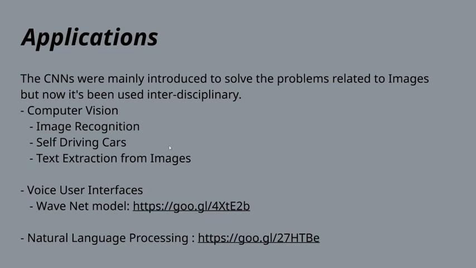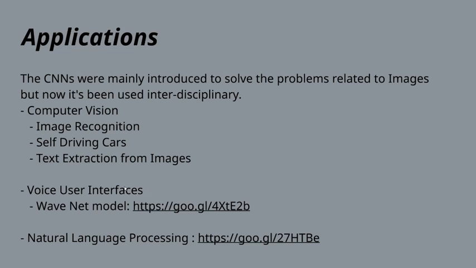Self-driving cars detect the cars that are moving along with them on the road. That uses convolutional neural networks. Face recognition, Apple's phones use face recognition. That is also based on convolutional neural networks. But recently, researchers have started exploring CNNs to a different level.